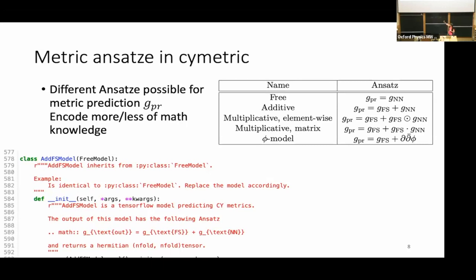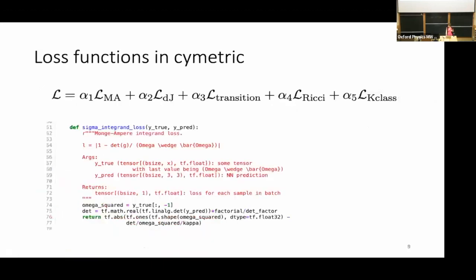Just looking a bit under the hood again, all of them are encoded as TensorFlow classes that inherit from the standard model of TensorFlow. The loss functions are something that you can choose.